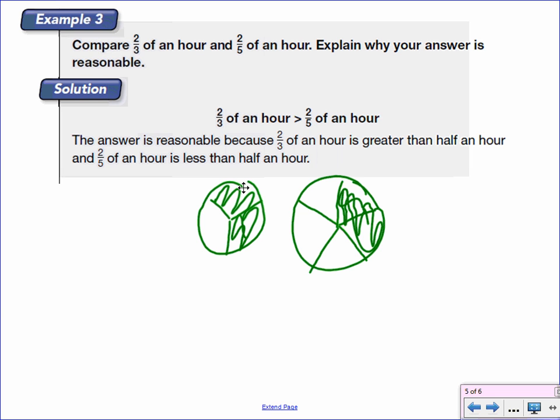So if I put the half lines in, you can see that 2/3 is bigger than a half, 2/5 is smaller than a half. So both strategies get us to the same answer, looking at the denominators and saying, oh, the 2/5 must be smaller because you're cutting it into smaller pieces and getting the same number of pieces. Or looking at the fractions and saying, well, 2/3 is more than a half, 2/5 is less than a half.